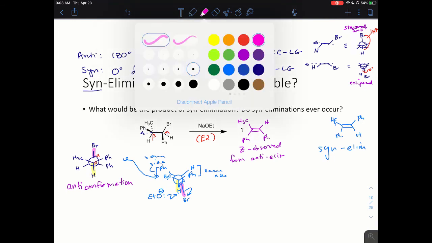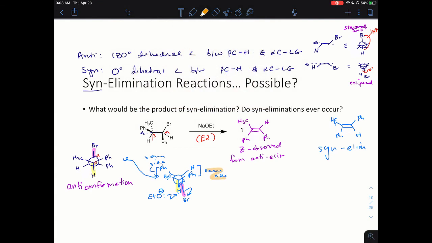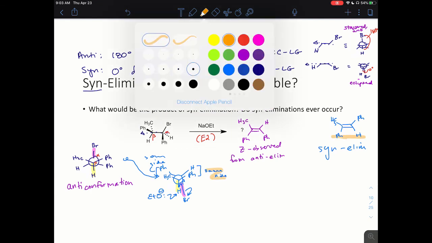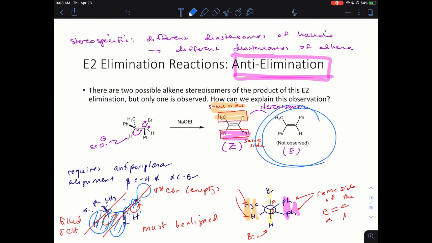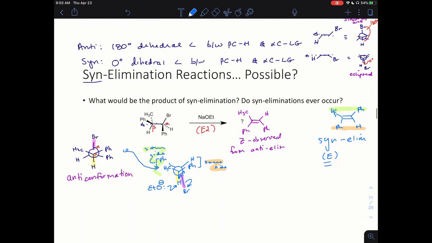So let's do some highlighting. Same side, phenyl and hydrogen. Same side, phenyl and methyl. And so this was the E isomer, right? This was the E stereoisomer right here that was not observed.